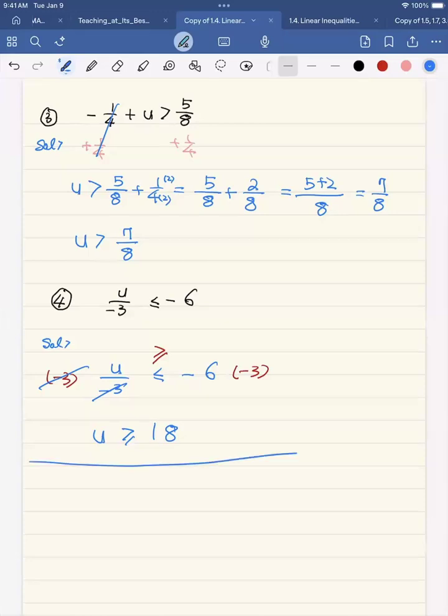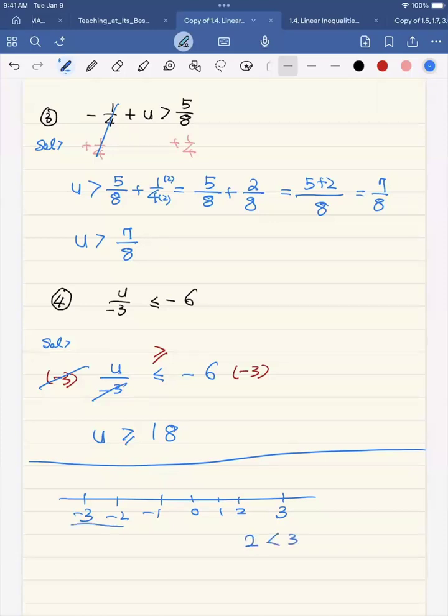If I give you some idea about why that happens, think about the number line. This is 1, 2, -3, and this is 3. When that is positive, 2 is less than 3. When that is negative, -3 is less than -2. Why is that? Because -3 is on the left side of -2.